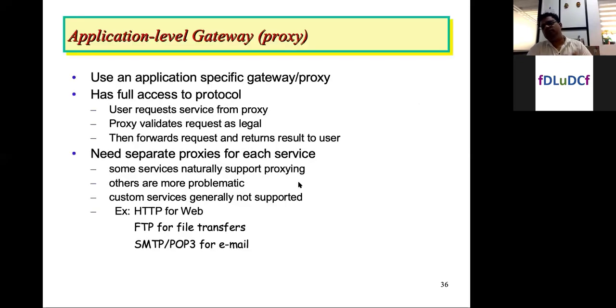But most of the firewalls nowadays work in the application layer. We call them application level gateways, application level proxies, or application level firewalls. Why we do firewalling in the application layer is that we get access to more information.